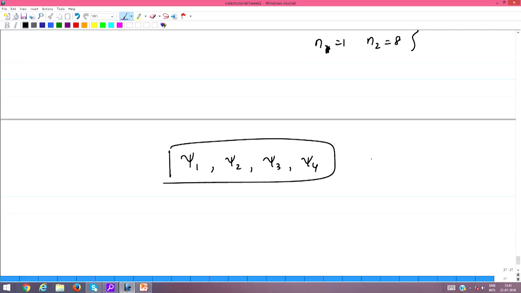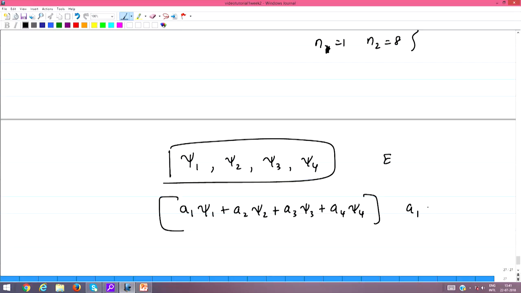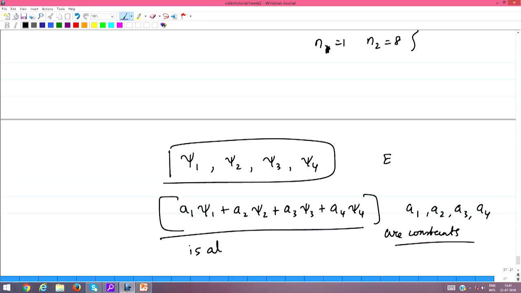Not only do these all have the same energy, but any linear combination of these 4 states, A1 psi 1 plus A2 psi 2 plus A3 psi 3 plus A4 psi 4, where A1, A2, A3, A4 are constants, they can be real or complex numbers, any such state is also an eigenfunction.